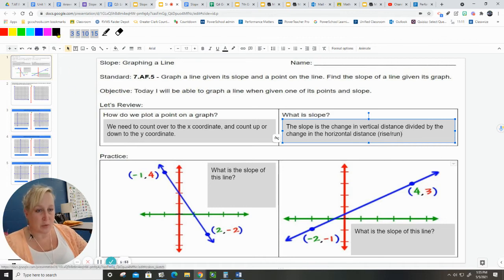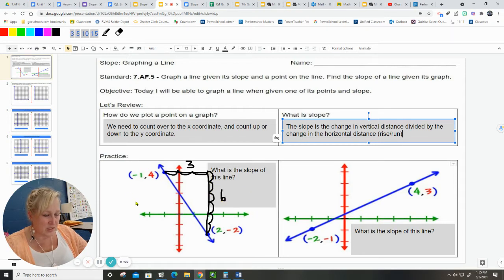Now, the first thing that I'm going to do is try to find the easiest places that the points cross. We could use this right here, but that looks a little bit more difficult because I'd have to count carefully. 1, 2, 3. So there's 3 this way, and up there's 1, 2, 3, 4, 5, 6.